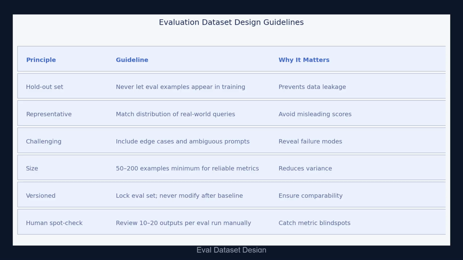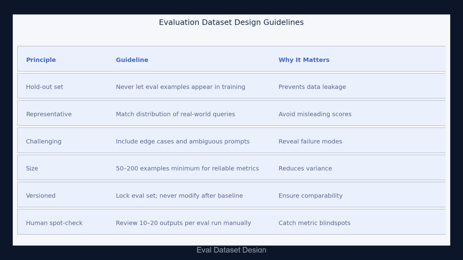If your production inputs are messy, inconsistent, and varied, your evaluation set should be too. Include challenging examples, edge cases, ambiguous inputs, prompts that are slightly out of distribution. 50 to 200 examples is the right size range, enough for reliable metrics, small enough to review manually.